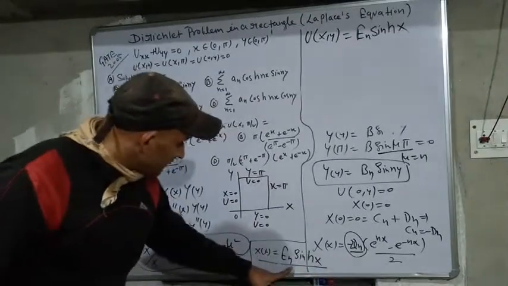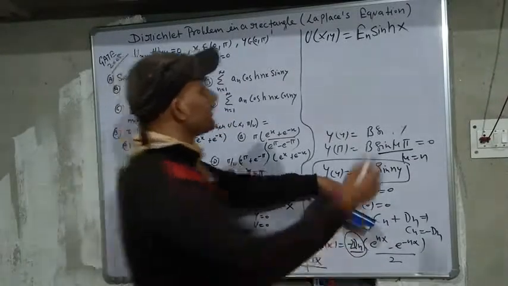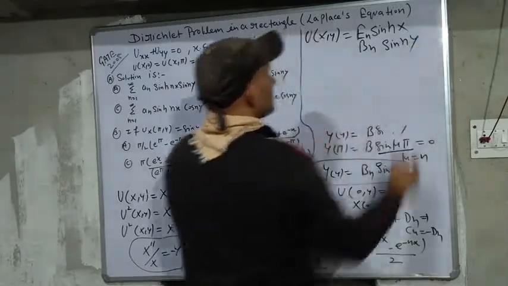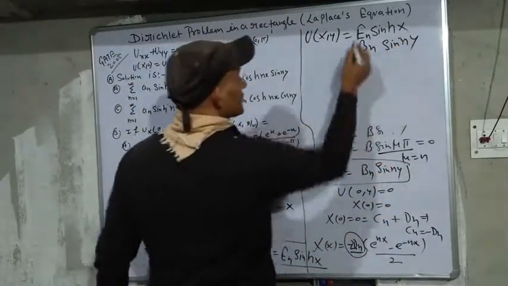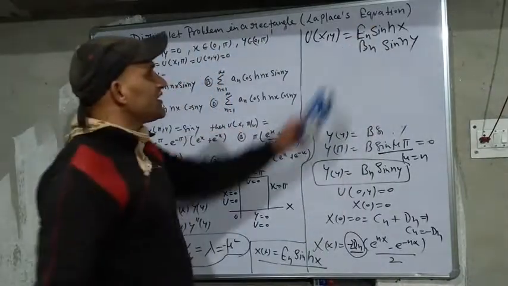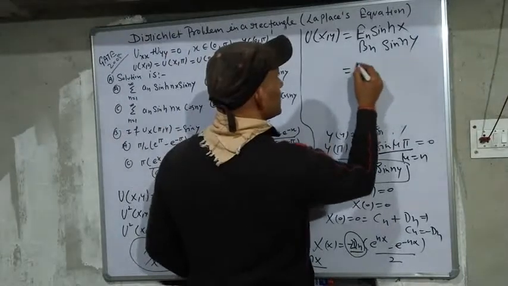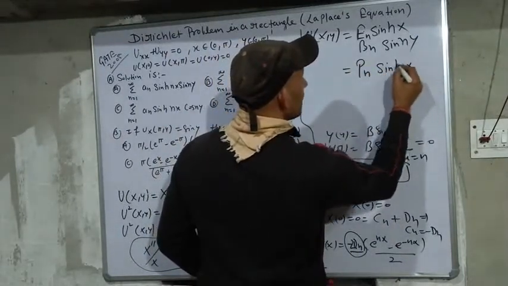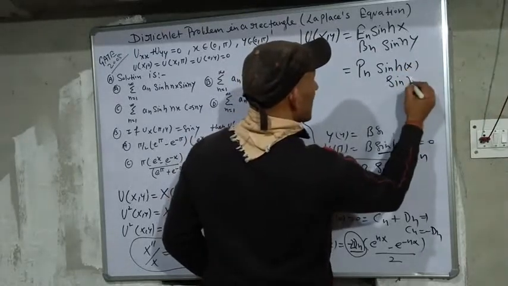And yy is equal to bn sine ny. This is hyperbolic x and this is ny. Now this is a constant and this is a constant, en and dn. You can write pn, anything, that is also a constant. So pn sine hyperbolic x, and this is sine ny.